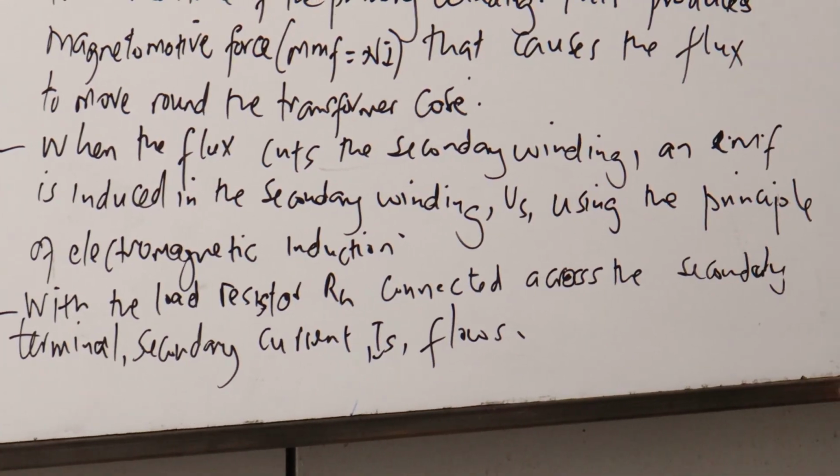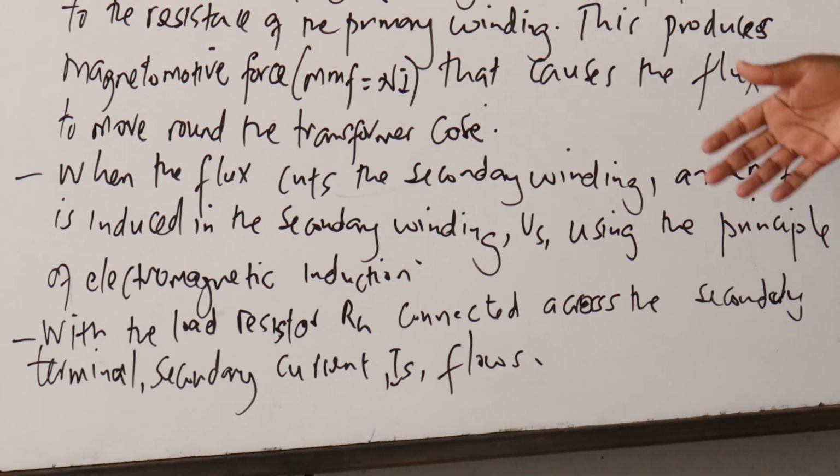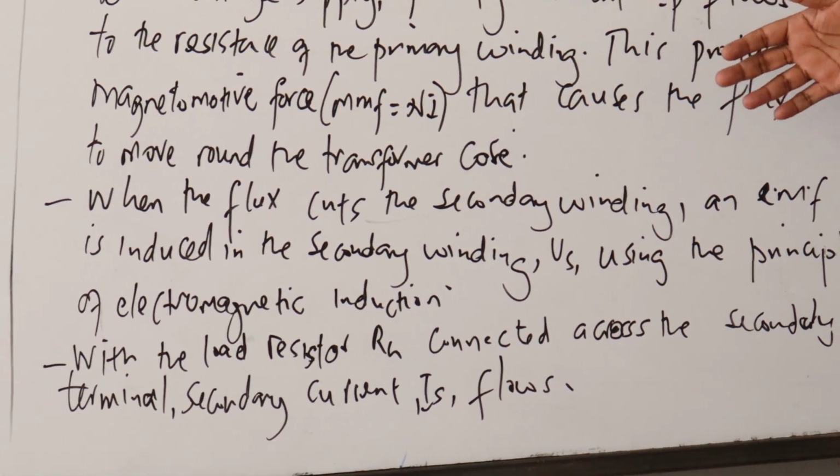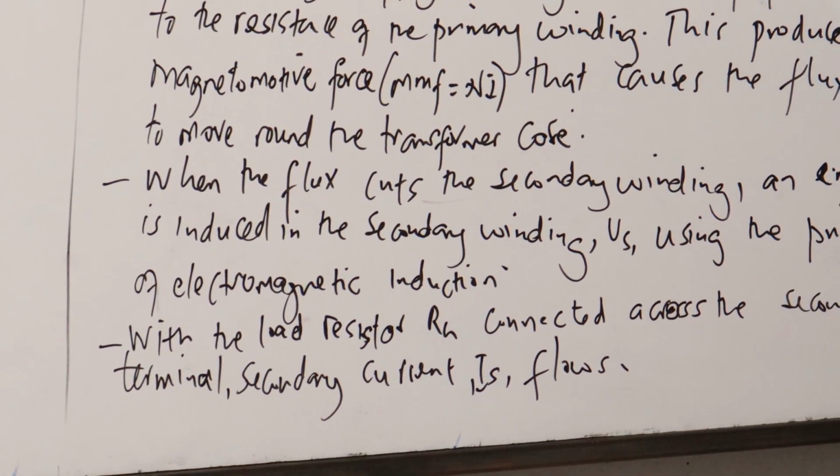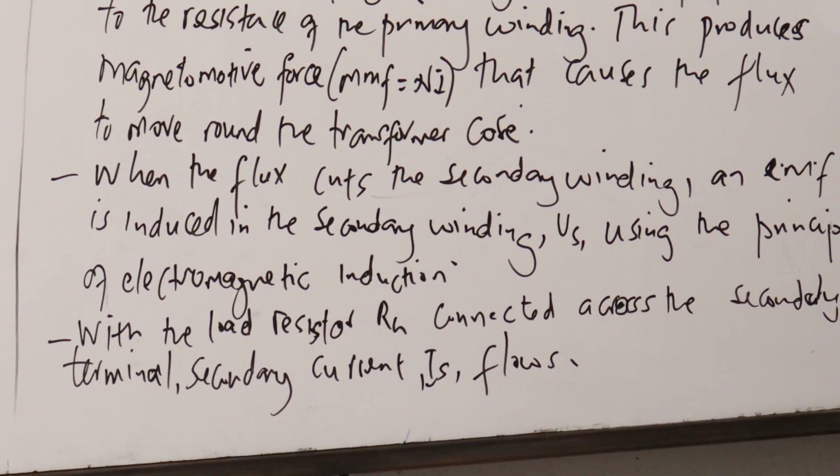So from here, we're now supposed to determine the EMF equation of a transformer. And you normally expect that when a flux is moving, it moves in a sinusoidal shape.